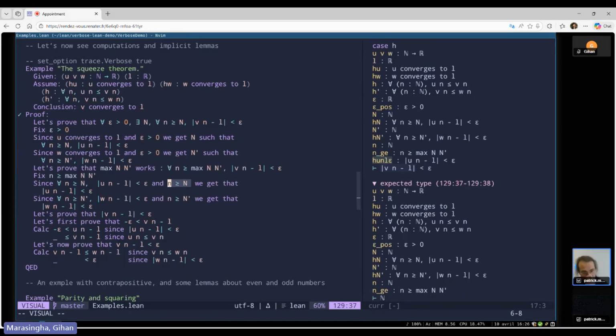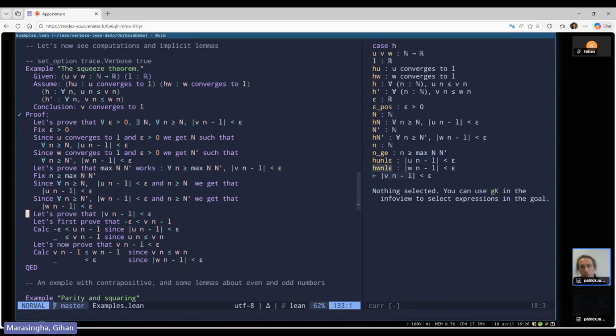It's not asking why n is bigger than capital N, because the automation is set up by the teacher so that the lemma saying that if A is bigger than max of B and C, then A is bigger than B, is an anonymous automatic lemma. So it has no name, and it's automatically applied, and I get some conclusion.